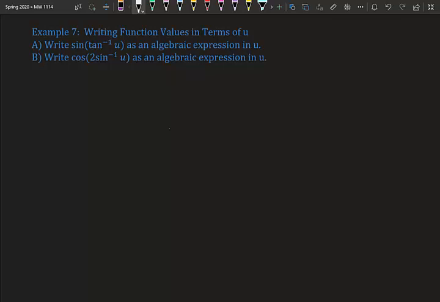So let's use u substitution. We have our theta. So we're going to let theta equal the inverse of tangent u. And then we're going to do what we have always been doing, move it over. So we have tangent theta equals u.